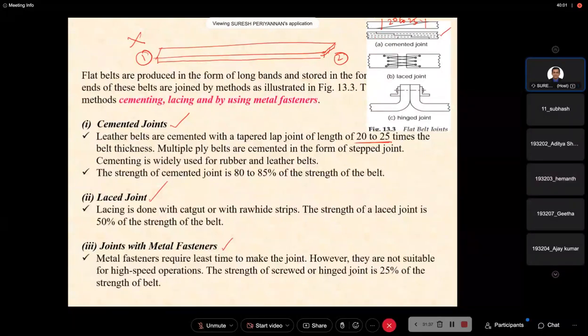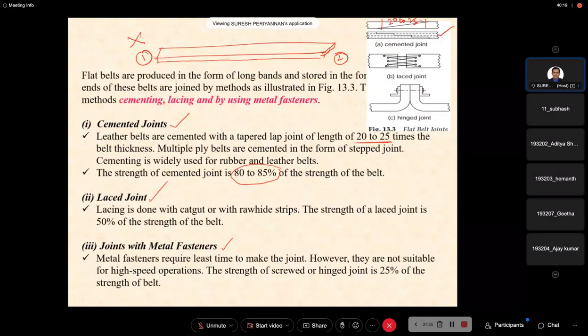We have to use this kind of stepped joint when our belt is multiply. What is the efficiency? The strength is 80 to 85 percent of the strength of the belt.